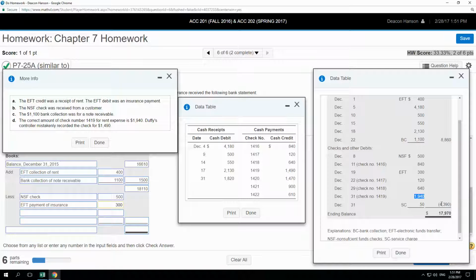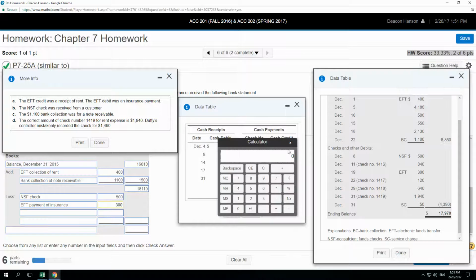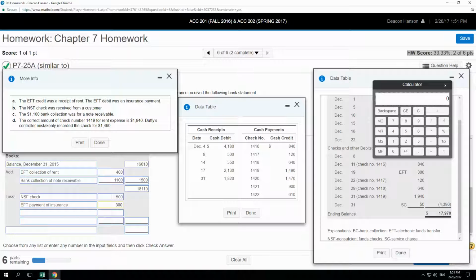Okay, here it is. We're showing for check number 1419, 1490, but the bank shows 1940. So we're short, and you probably want to get the difference between the two. 1940 minus 1490, we're short by 450. Because we didn't record the full amount of the check, we have to subtract that 450 to get our balance down to the right amount.